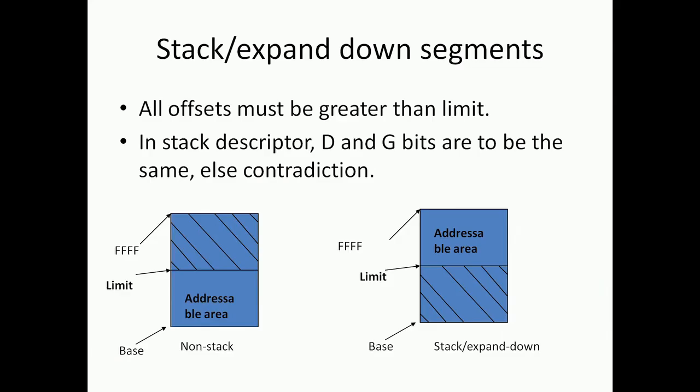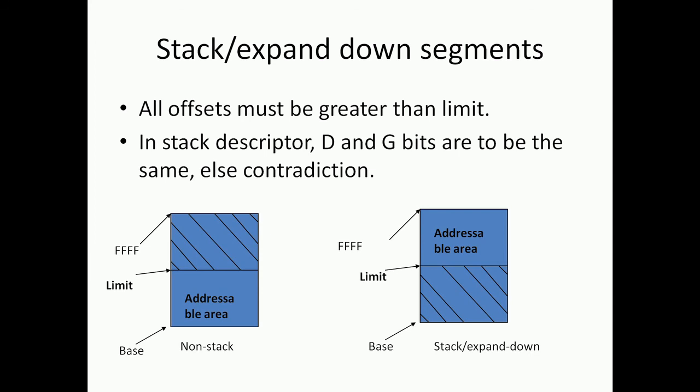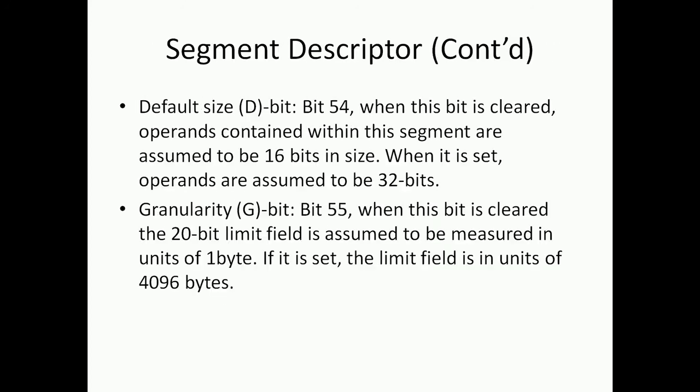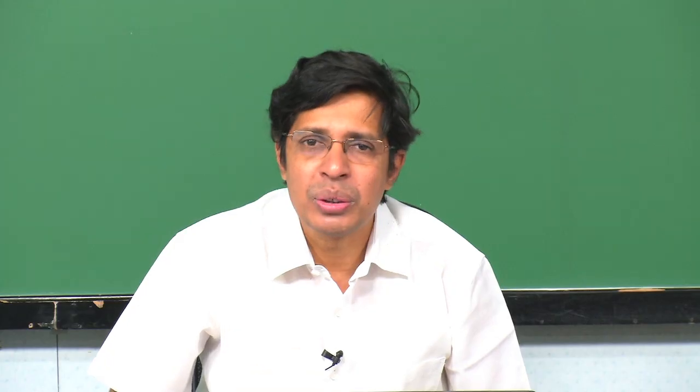So what we have done so far in this part of the lecture is understand some of the important things about segment descriptors, a deeper understanding of the different fields that you see in this segment descriptor, and that is what we have finally got to in this session.